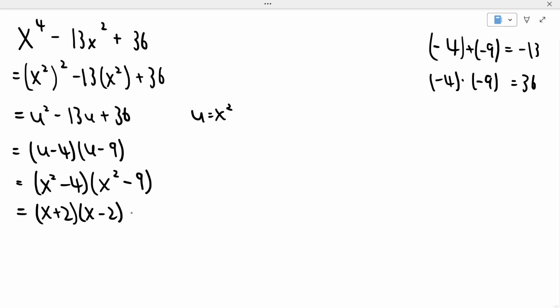X squared minus 9 is also a difference of two squares, where a equals x and b equals 3, since 9 is equal to 3 squared, so it can be factored as x plus 3 times x minus 3, which would be the expression a plus b times a minus b with the given values. So now this expression is fully factored, and this is our final answer.